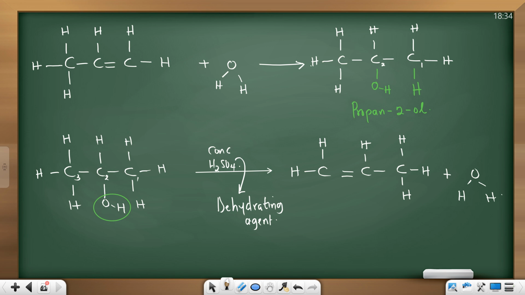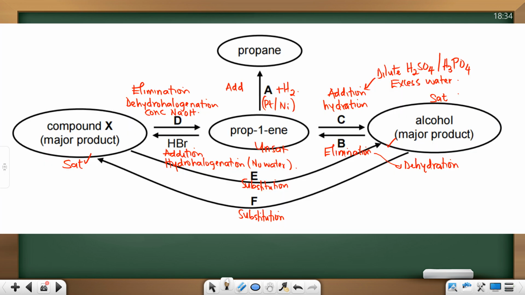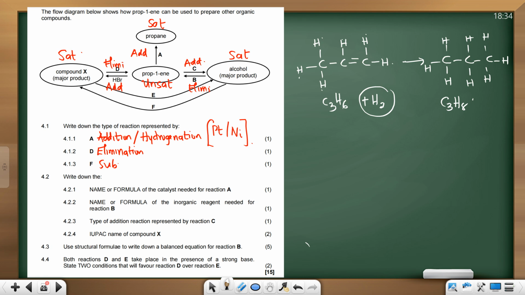All right. Let's answer now this one. Okay, let's look at the last one. Both reaction D and E take place in the presence of strong base.